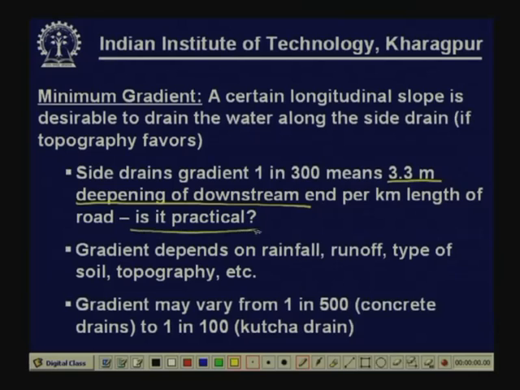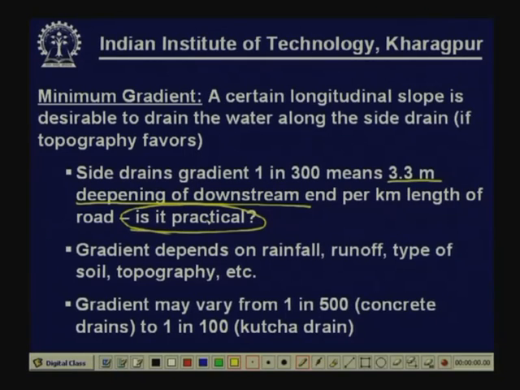Is it practical? Probably the answer is no. It is extremely difficult to maintain that kind of gradient by earthwork. So, the idea is if we can provide a natural slope, where the terrain condition permits, a mild longitudinal slope itself will solve this kind of problem.